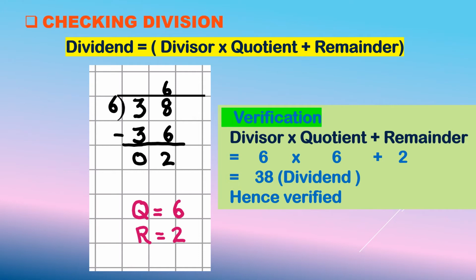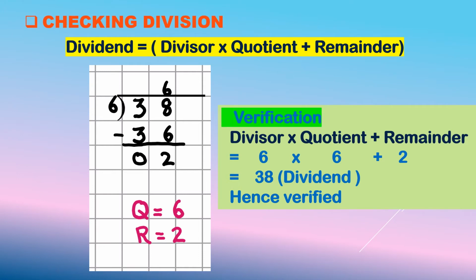Divide 38 by 6. When you divide 38 by 6, you will get 6 as a quotient and 2 as the remainder. So now check your divisions through the formula, that is dividend equal to divisor into quotient plus remainder.